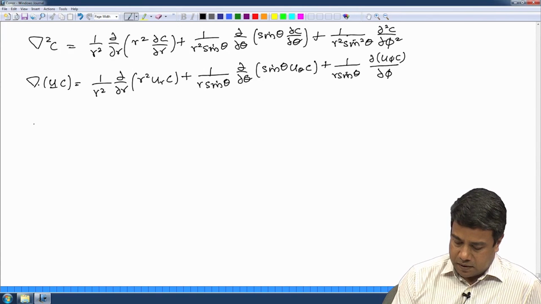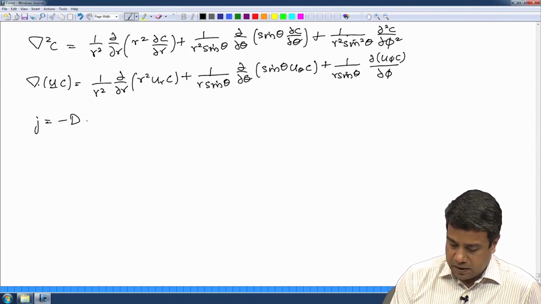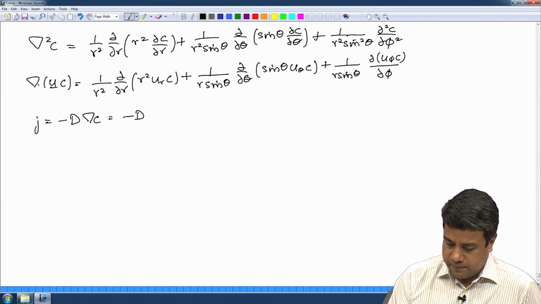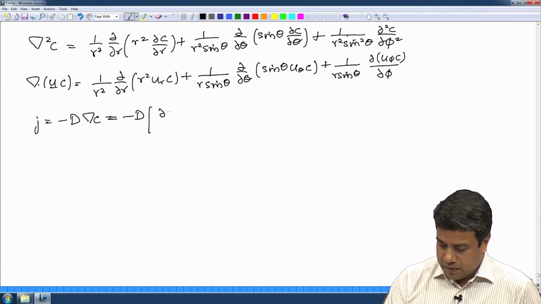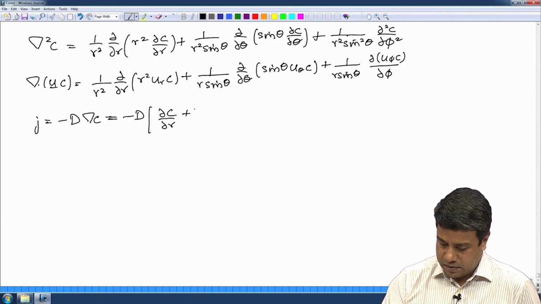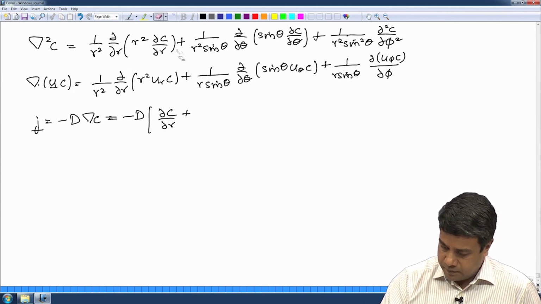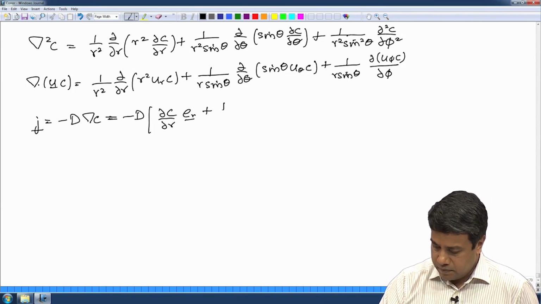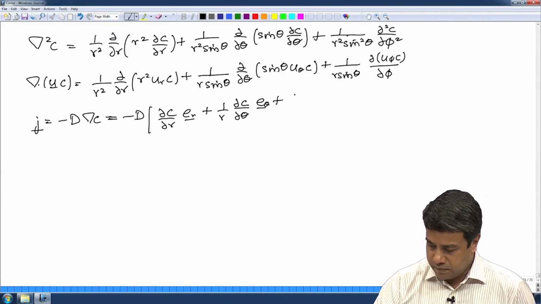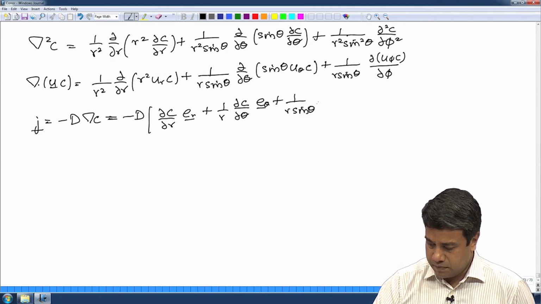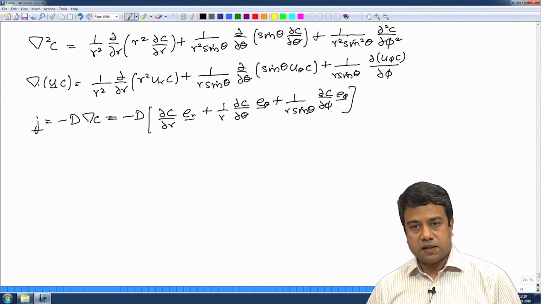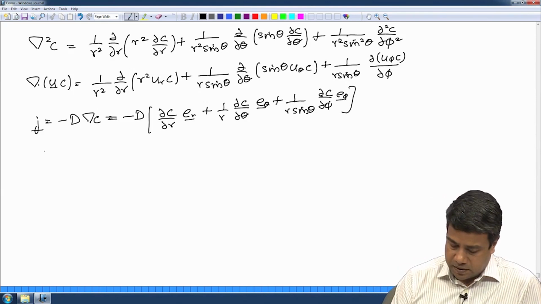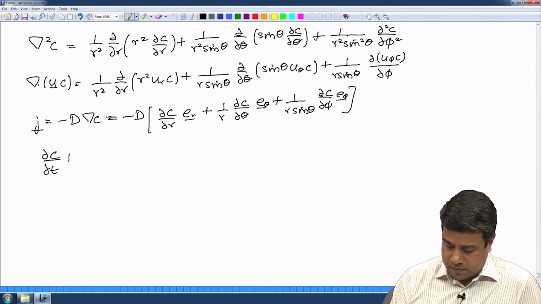And the equation for the gradient, j is equal to minus d grad c, is equal to minus d into partial c by partial r plus, with these definitions, I can write the conservation equation as partial c by partial t plus.